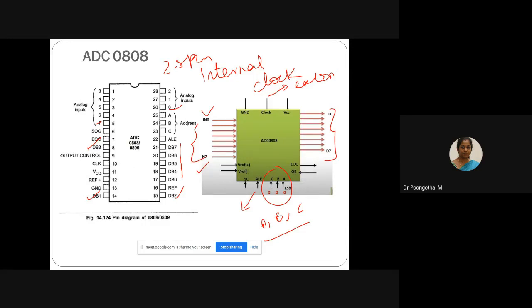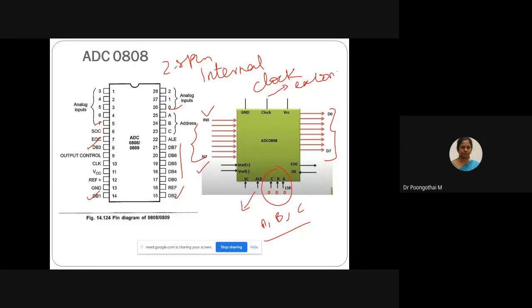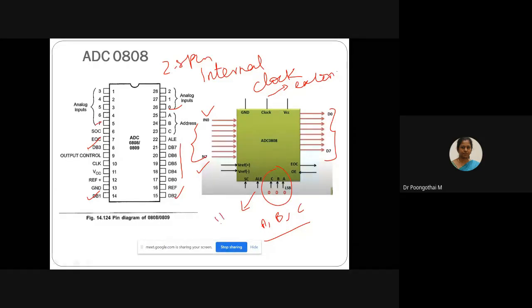So the ALE pin also needs to be activated by a high to low pulse to select a particular input. We apply a high to low pulse to this address latch enable in order to latch this information. So this is about input pins and address selection, and the address is latched into the ADC based on this ALE signal.